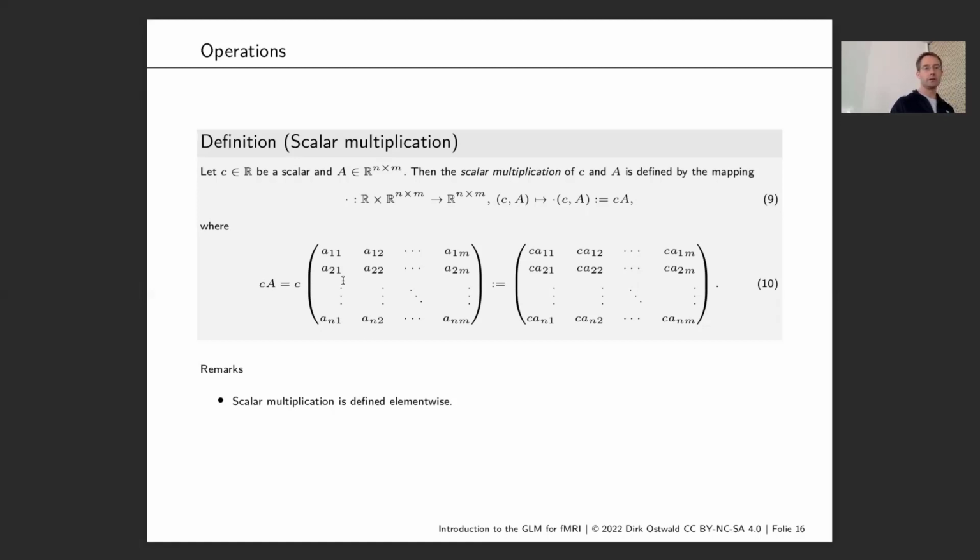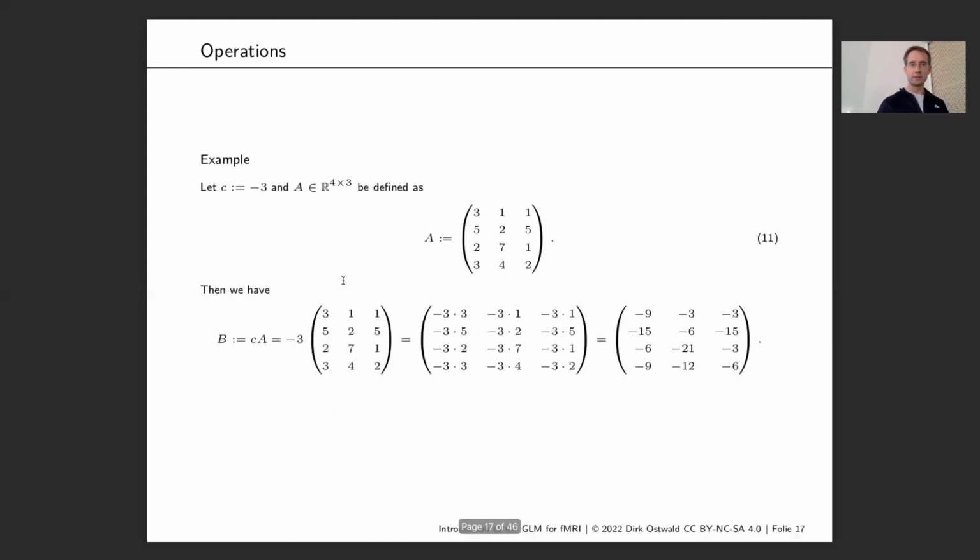Let's look at an example here. If you have a matrix with these entries and you have a scalar -3, then if you multiply this, that means you multiply every entry of this matrix with -3. So 3 times -3 is -9, 1 times -3 is -3, 1 times -3 is -3, and so on.